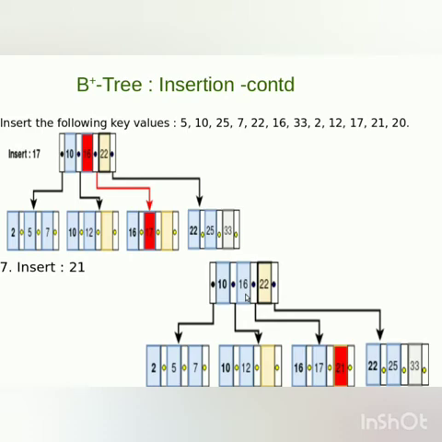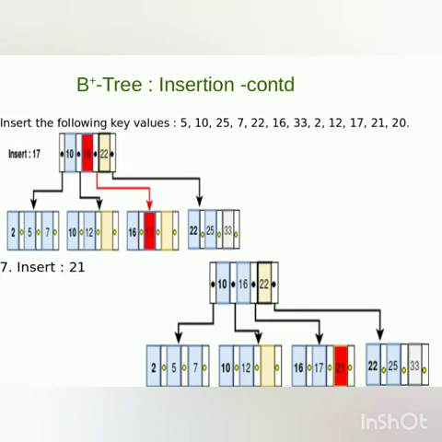When 20 is moved to the parent node, it becomes 10, 16, 20, 22. There is only space for 3 values. Now because of the newly added value 20, this node also needs to be split into 2. Now 10, 16 and 22 are the new splits, and 20 moves up.